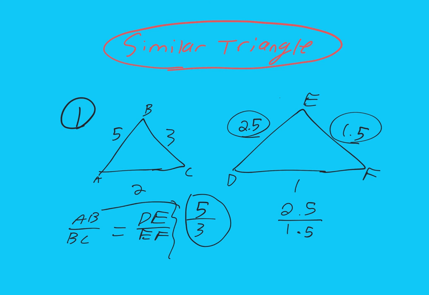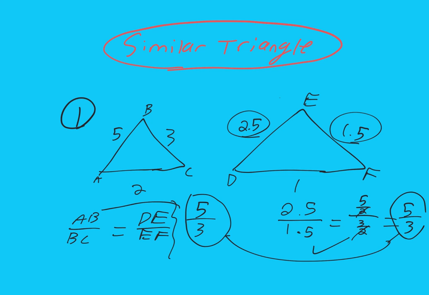Either you can put this in your calculator and check, or you can turn these into fractions and then simplify. So 2.5 is just 5 over 2, and 1.5 is just 3 over 2. And then those will cancel, and we get 5 over 3. And that's clearly equal to 5 over 3, so those two triangles are going to be similar.